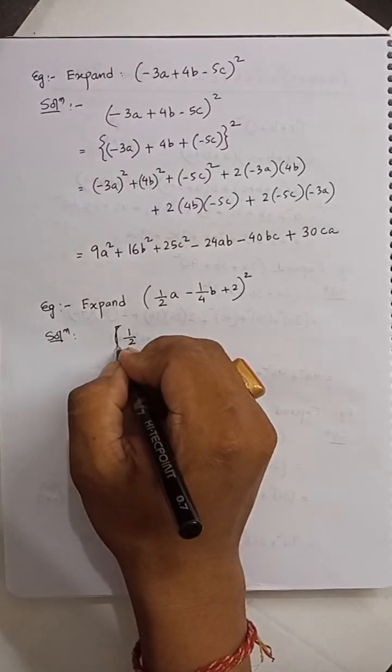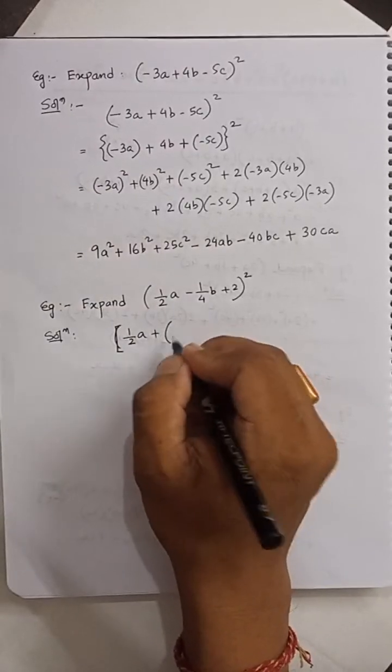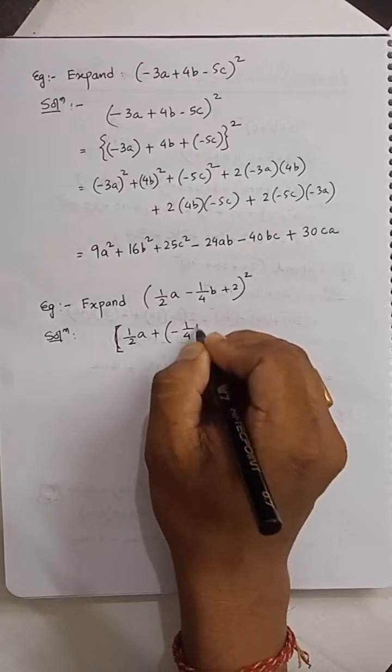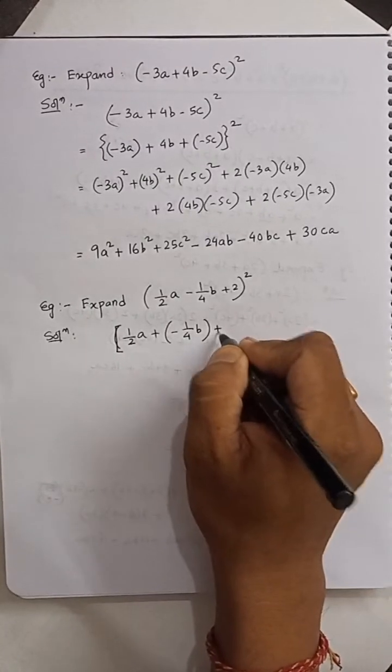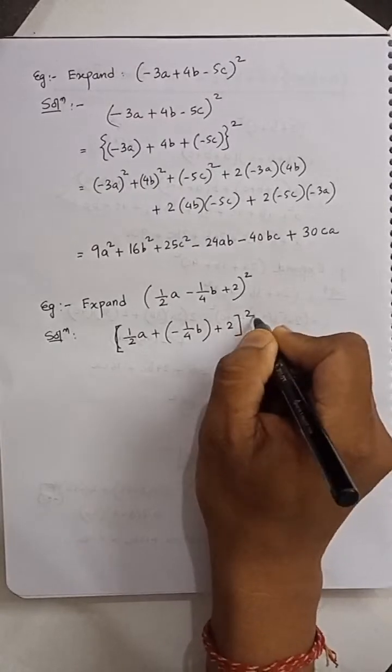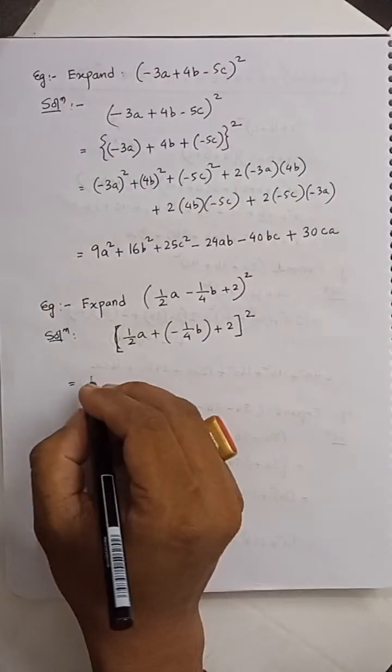Okay, let me change it to square bracket. So half a, then minus 1 by 4b, or if you want you can write a by 2, b by 4, whatever, 2 whole square. So let's begin.